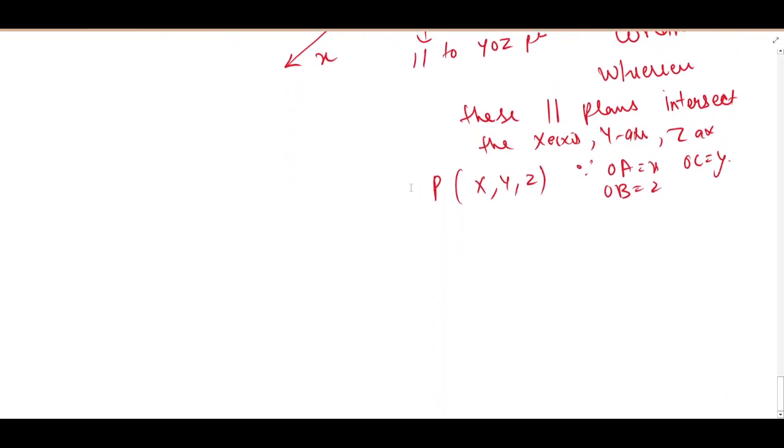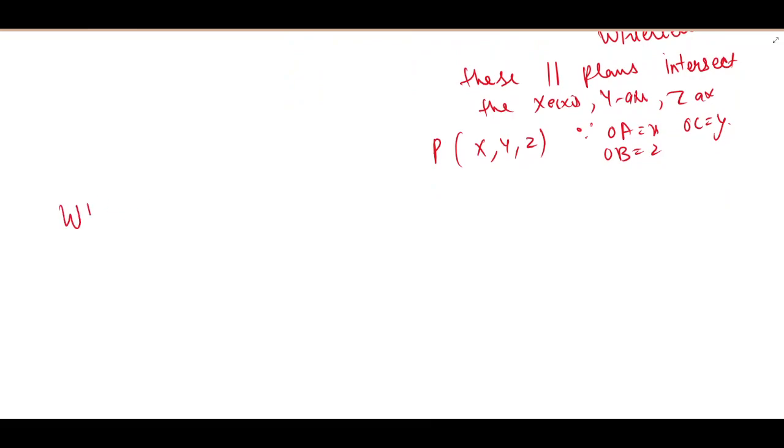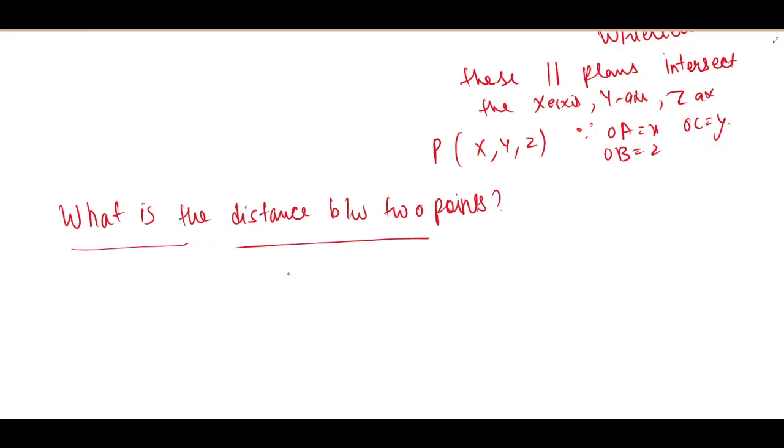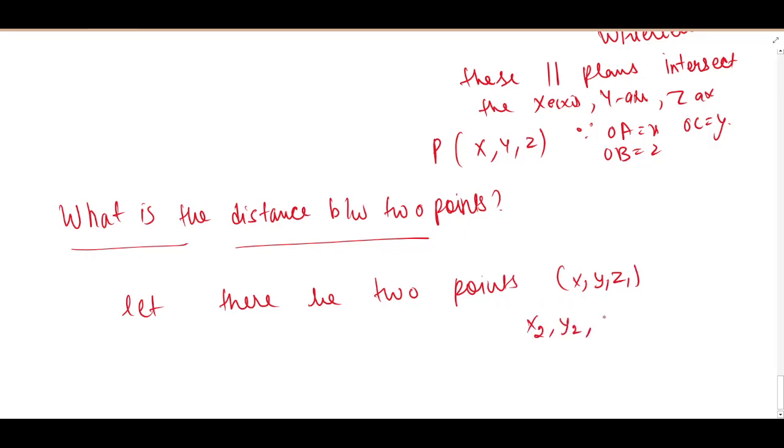So next is, what is the distance between two points? Let there be two points x1, y1, z1 and x2, y2, z2.